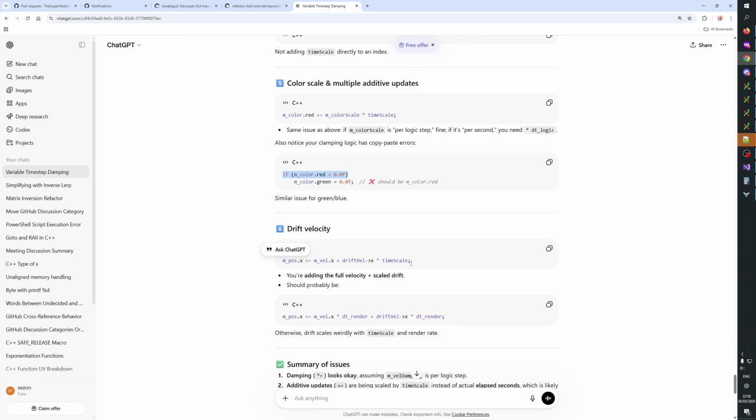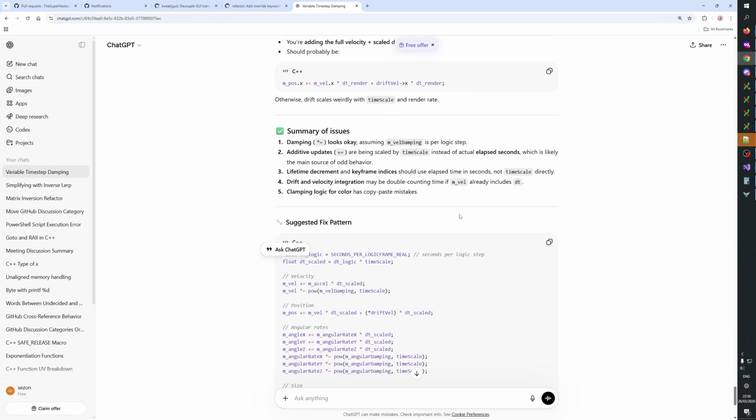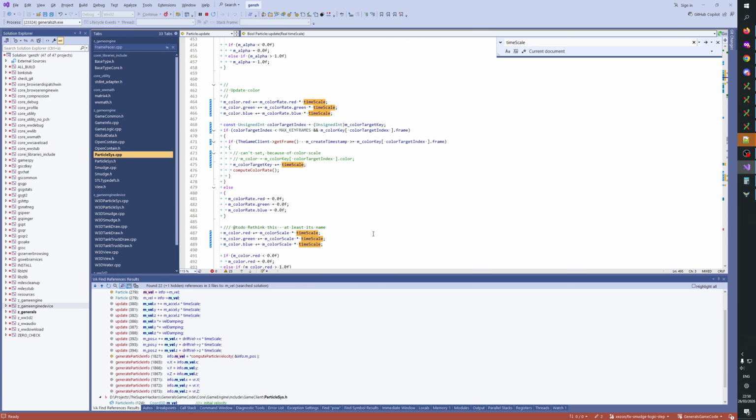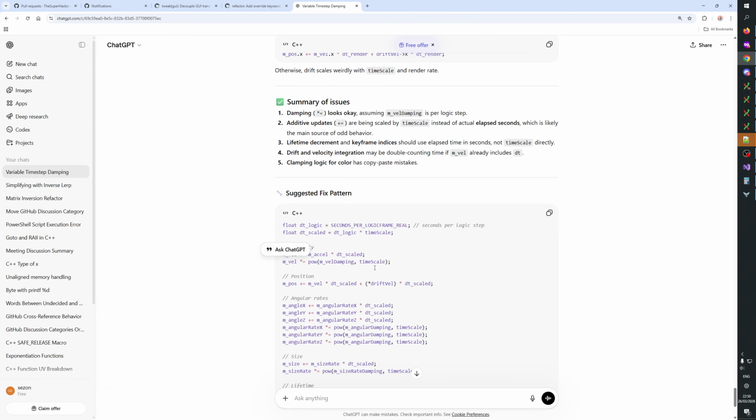Full velocity. Okay, I don't think that the AI is on the right track here.